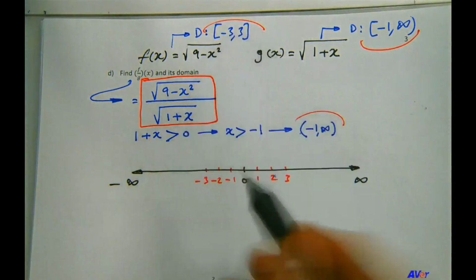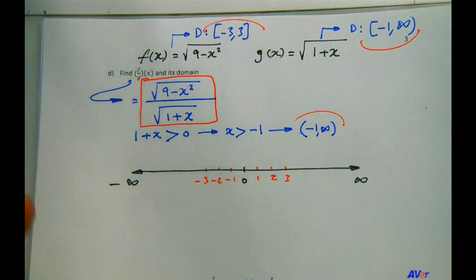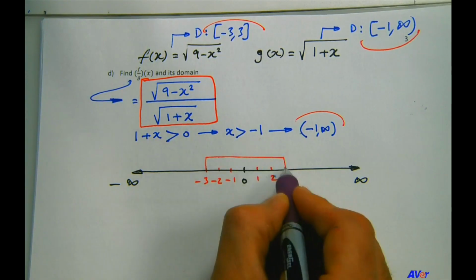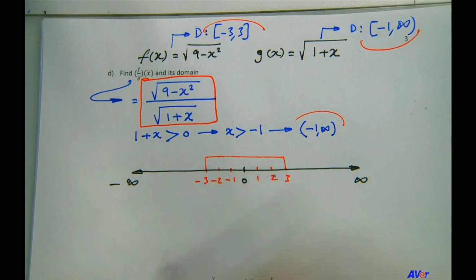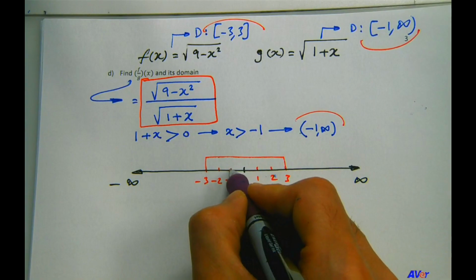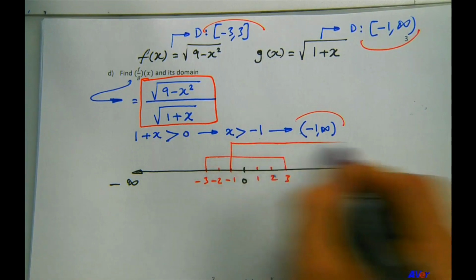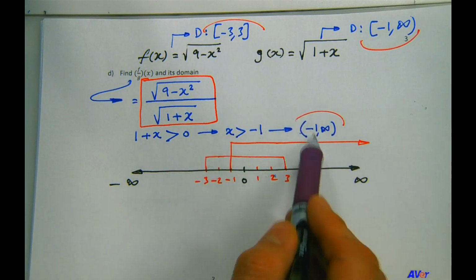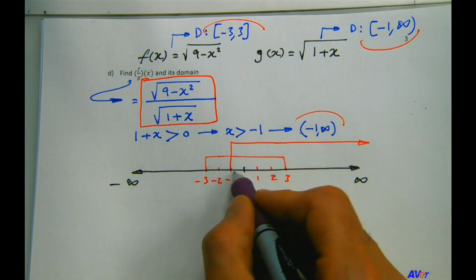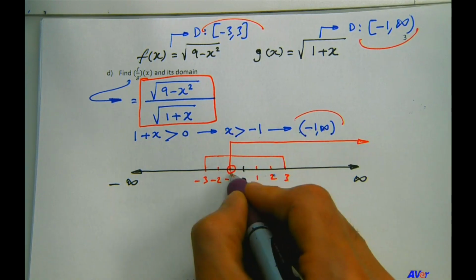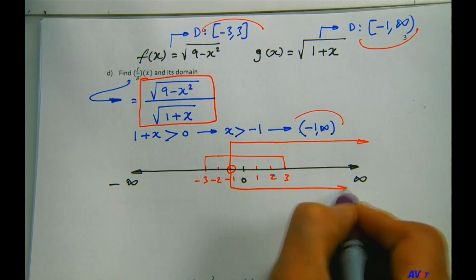So -3, 3 would be that piece in here, from here to here. -1 to infinity, that would be that piece, right? All of that. -1 to infinity, take a look at the parentheses here. So it would be a hollow circle and going that way, right?